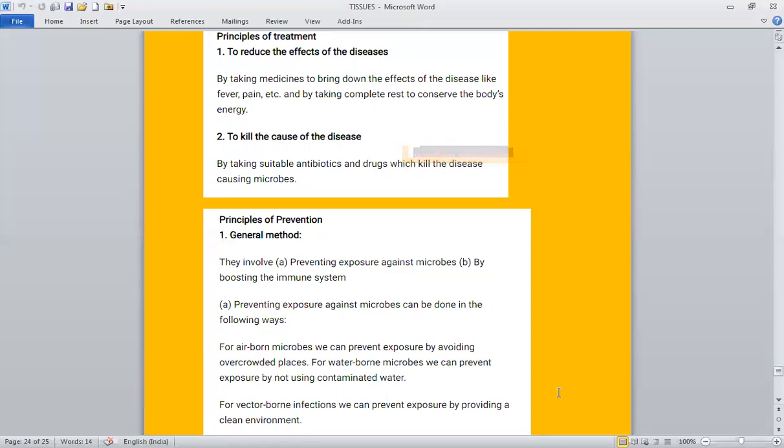Each category of microbe or infectious agent has a different kind of metabolism. So one type of drug is effective only for one group of infectious agents, because all these microbes have different kinds of metabolism.